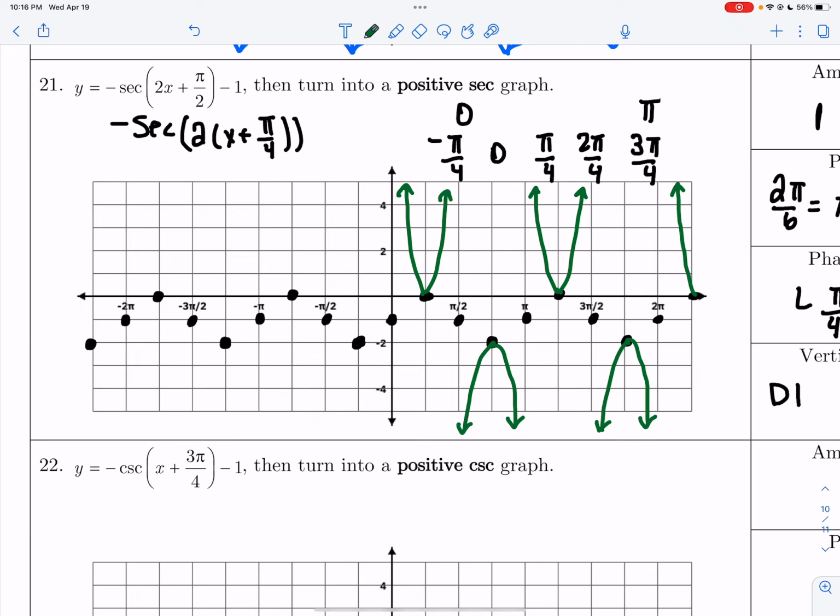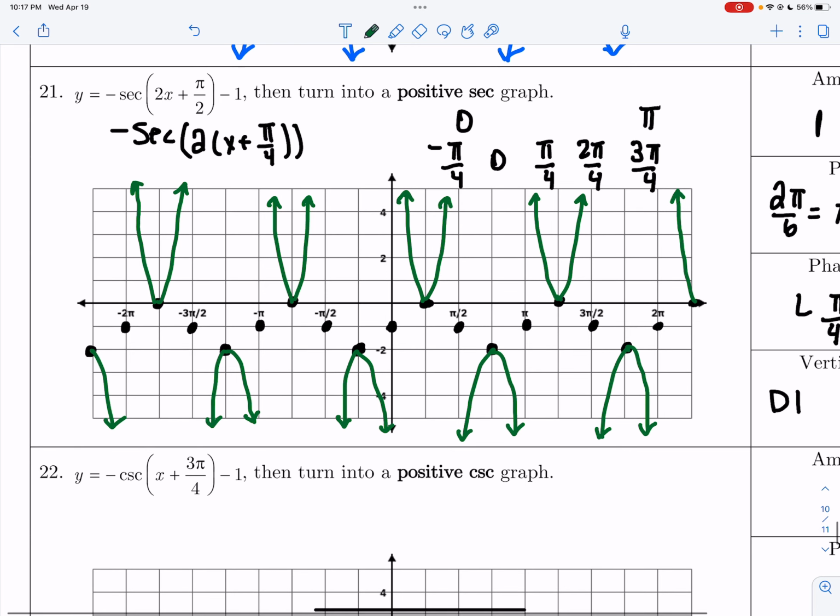And then once I do that, we are going to talk about the positive secant graph.